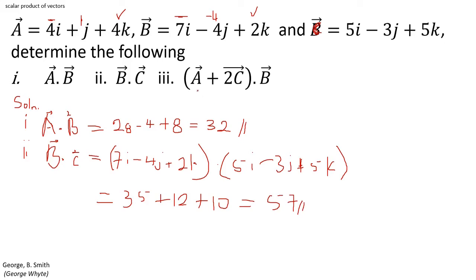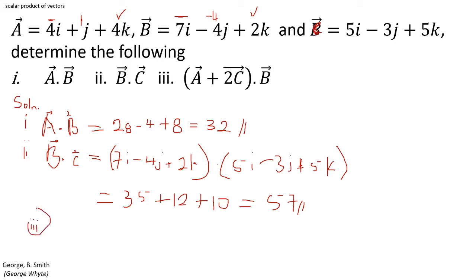The next one I want to find, they said we have A plus 2C that will be multiplied with B. Just for the record, if you try to get B dot C, your result for B dot A will be the same thing, and C dot B will be the same thing. But here I want to get A plus 2C, then multiply the result with B. So you can guess by now the first thing we need to do is to find A plus 2C, right?